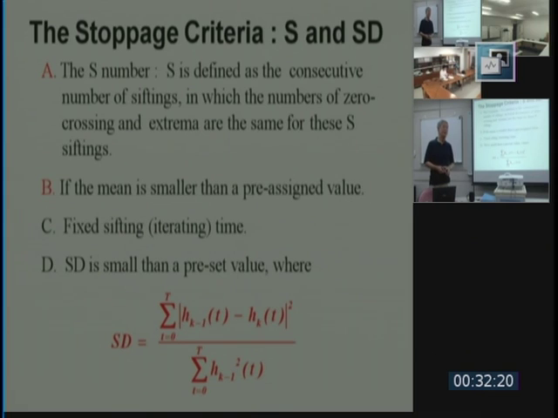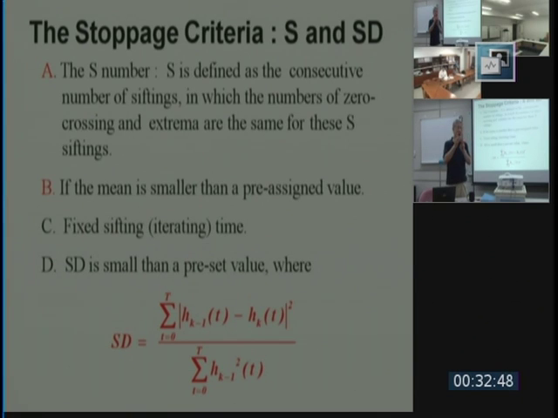The S number means that I will check the zero crossing number and the extrema number. If the zero crossing number equals the extrema number and they stay at the same number, for example, I count zero crossings to be 10 and extrema to be 10, then I do another check and it's also 10, then this S number is 2. If I check another time and it's still 10, it's 3.